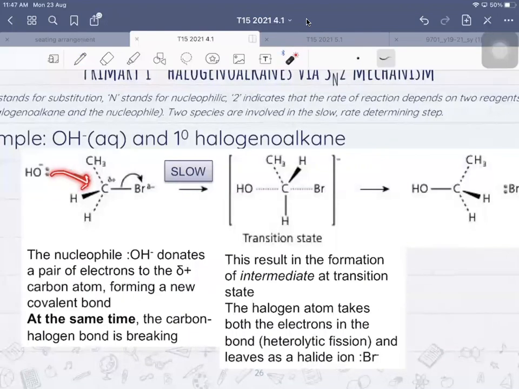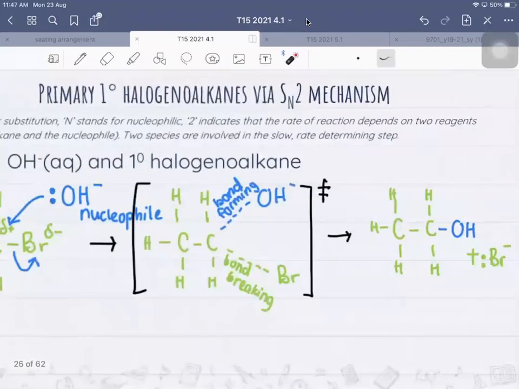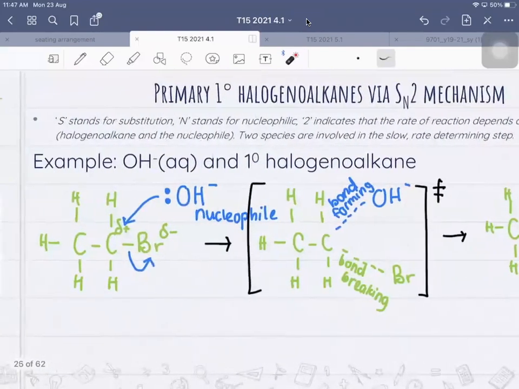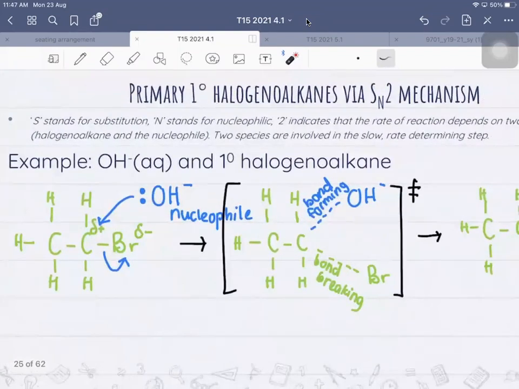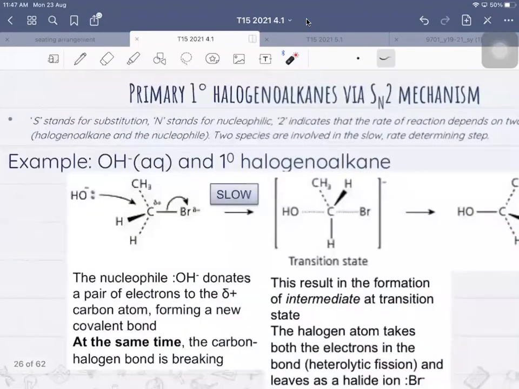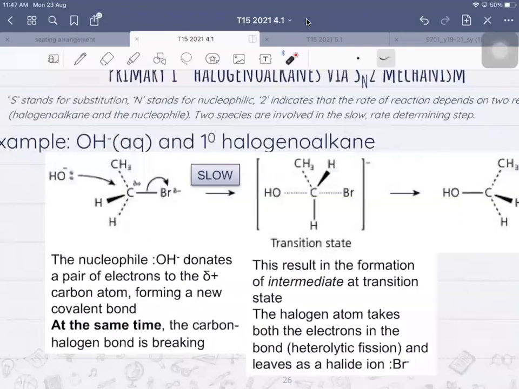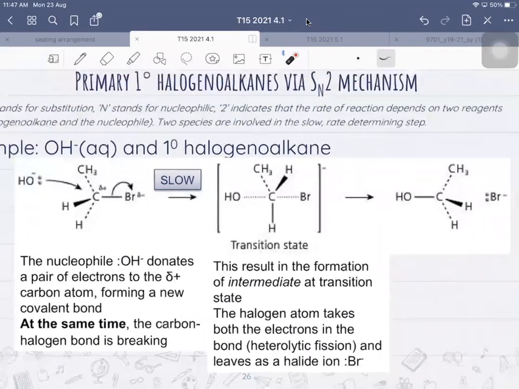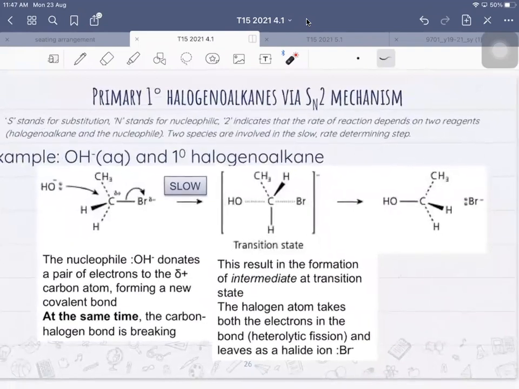Yeah, I forgot to mention that. The nucleophile attacked from the other side of the halogens. The reason is because they want to avoid repulsion. So here I don't show that to you, but in reality, it attacks from the other side. This is called the inversion. Okay, so if you want to copy, you can copy this down.